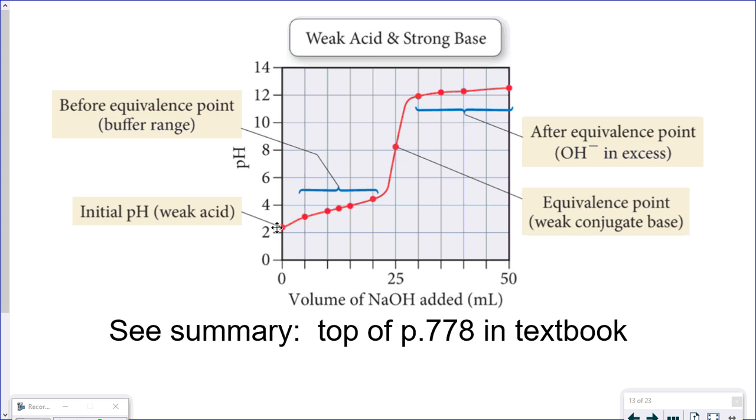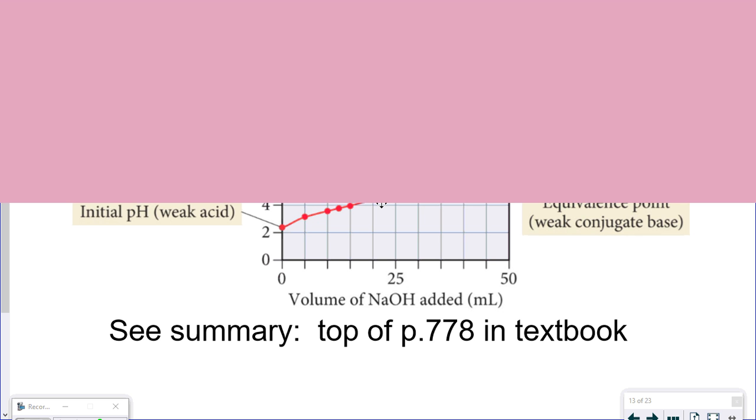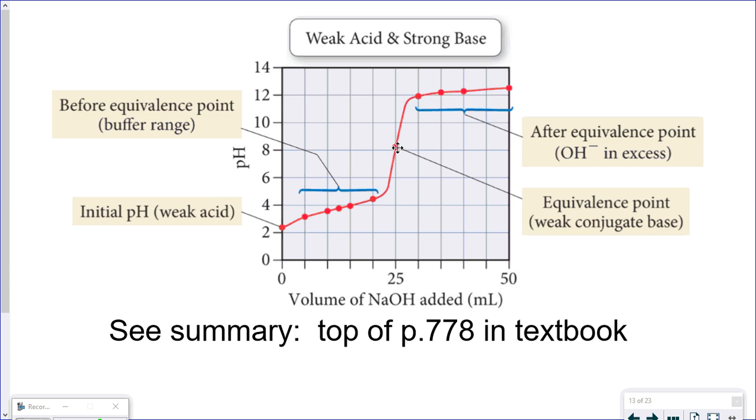Before the equivalence point, there was that sharp increase and then that buffer region where the pH does not increase that much. Once we hit the equivalence point, you only have that weak conjugate base, and our pH is going to be greater than 7. And after the equivalence point, we had the hydroxide in excess.